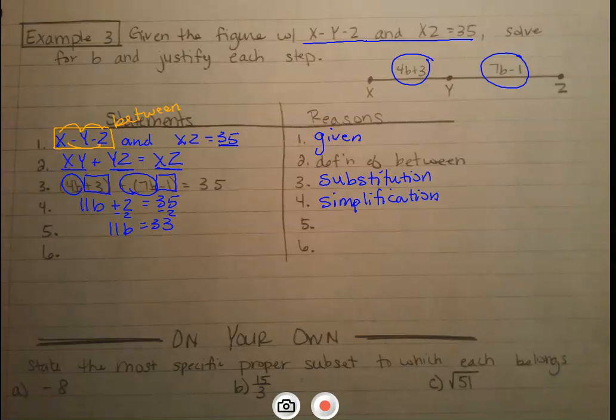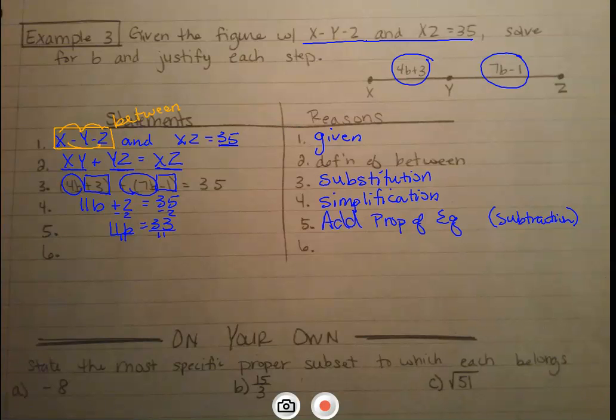So this is the addition property of equality, and I'm going to put in there subtraction because it's the inverse. And then we divide by 11.